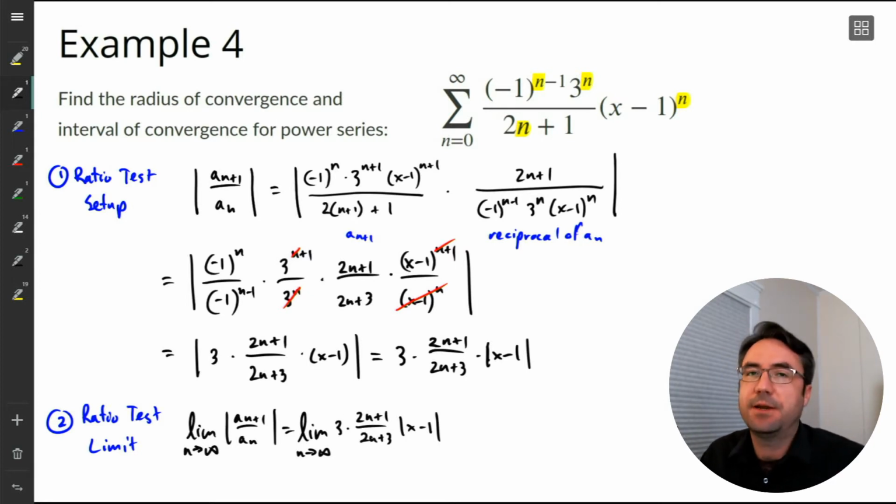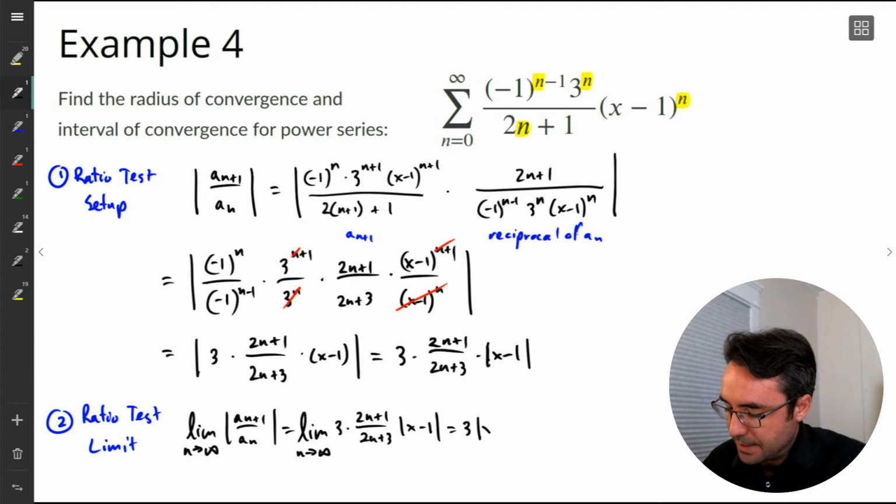That's one of our usual rational expressions. So we use our 1 over n method, where we identify the largest power of n in the denominator and divide everything in the numerator and denominator by it, essentially. So when we do that, we're going to end up with 3 times the absolute value of x minus 1 times the limit of 2 plus 1 over n over 2 plus 3 over n.